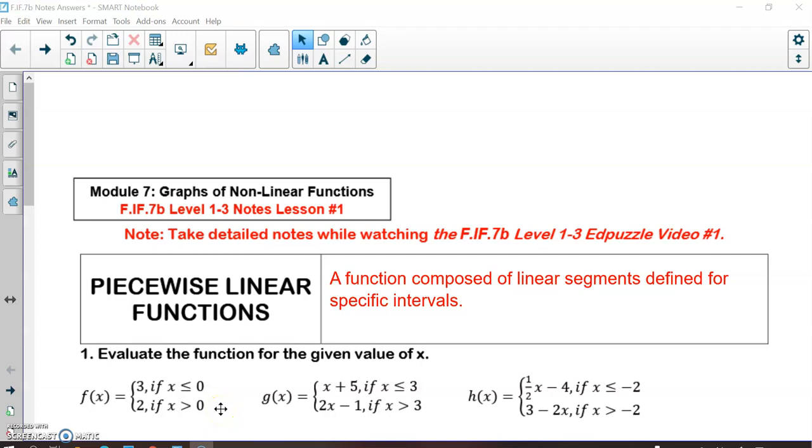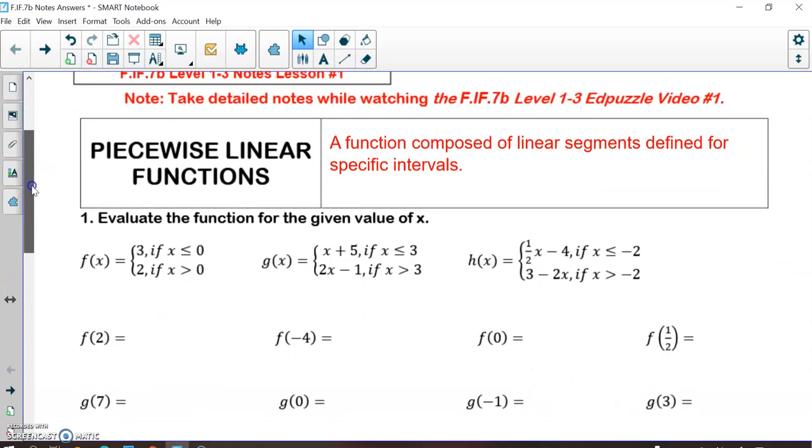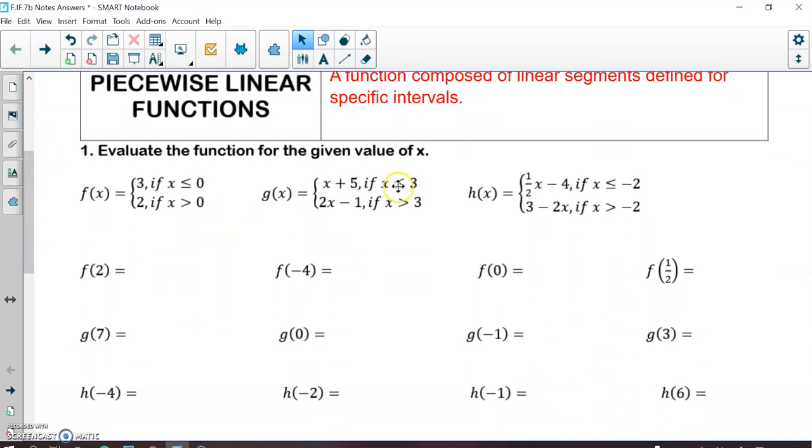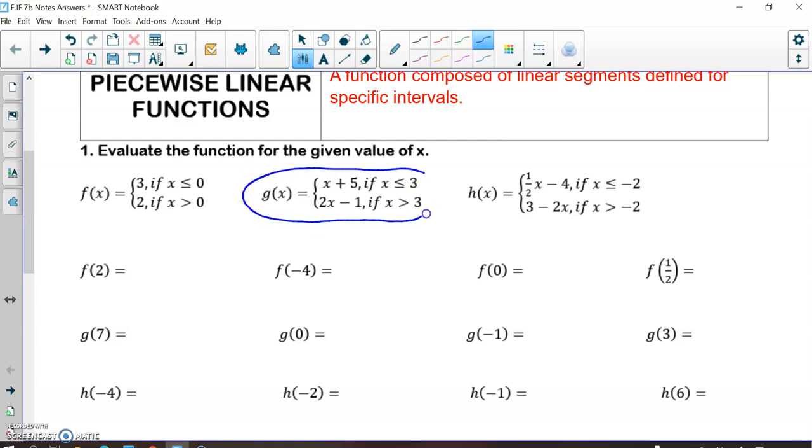All right, piecewise linear functions are functions that are composed of linear segments defined for specific intervals on the graph. So for example, these are piecewise functions here, and in this, let's look at the middle one.